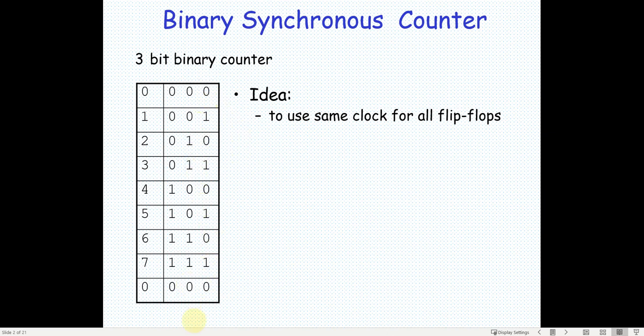So the clock is going to remain the same, unlike in asynchronous counters, where we were seeing about the transition, whether it is negative edge triggered or positive edge triggered. That is not the case here, because either all of them will be positive edge triggered or all of them will be negative edge triggered.